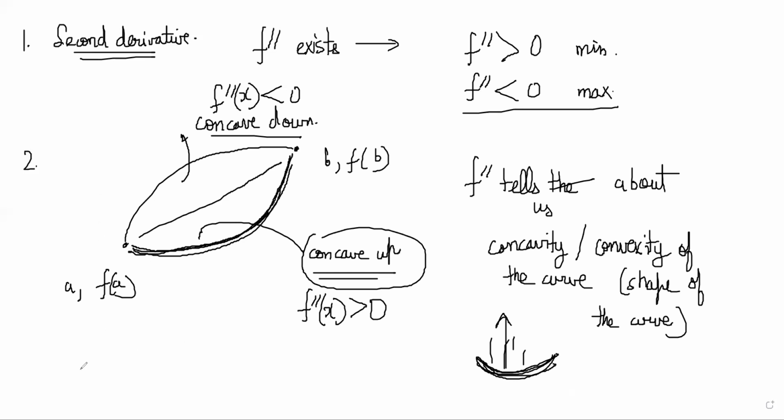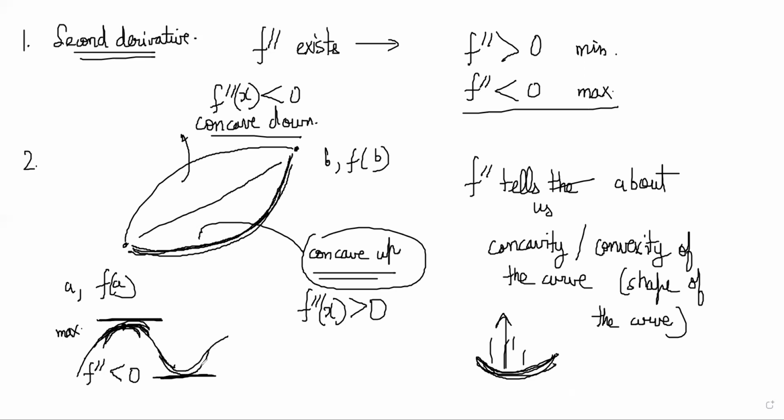Now, if you have a function in some region and you're expecting a maxima or minima point, notice that here the shape of the curve is concave down. Concave down means double derivative is negative, and then this is a maxima. f dash is 0 at both points, so the only thing that distinguishes them is the shape of the curve there.